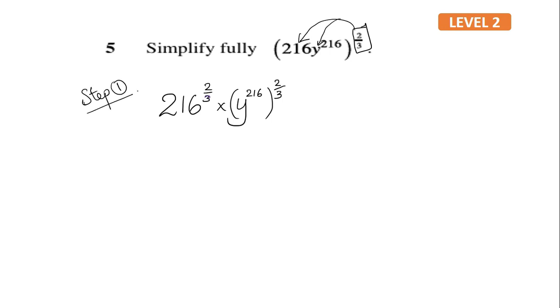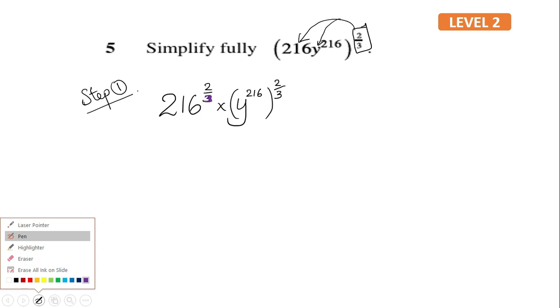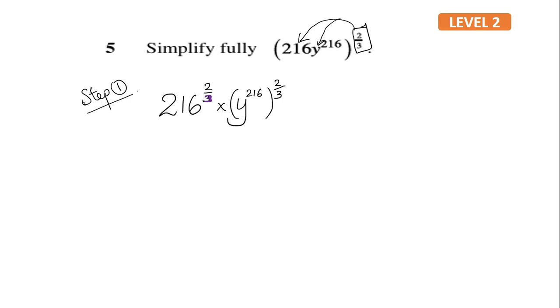Now looking at the denominator here, I have a 3 in the denominator for this fractional power. So I should understand that there should be some number for which 216 has a cube root, or find the number when multiplied thrice gives me 216. So I know it's 6 to the power 3, which gives me 216.